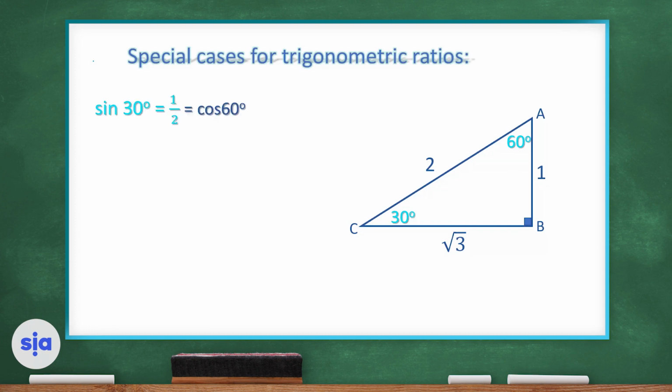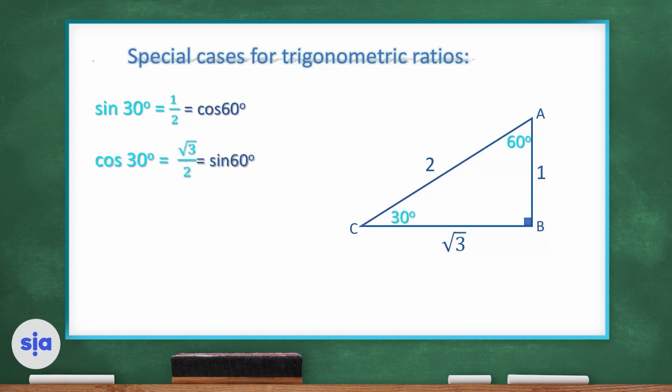If you can see here, sine 30 equals the opposite over the hypotenuse. So the opposite to 30 is 1, where the hypotenuse is 2. You will find that it's also the same as cosine 60, because cosine is the adjacent over the hypotenuse. So for angle 60, the adjacent is 1, where the hypotenuse is 2.